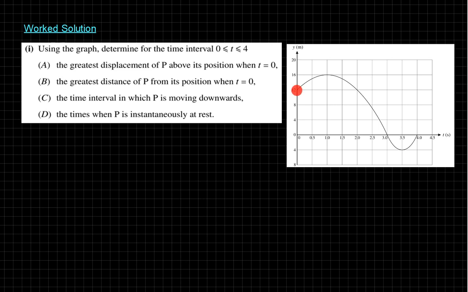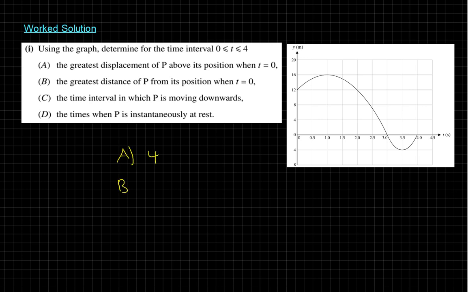Then over here, we're at 16, so I've got displacement plus 4. Over here, I'm back to displacement 0. And then for everything below, there's some negative displacement, because we're talking about relative to this initial point. So it went up to a max of 4, back to 0, and then it went negative. So the answer for A is just going to be 4 in this case.